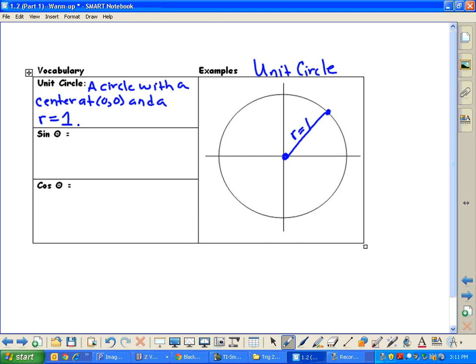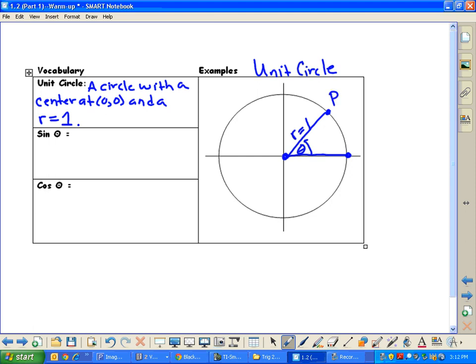Now, we know that in trigonometry, we can define an angle, theta, by an amount of rotation. So let's take a second and make it official. What I've essentially done here is construct an angle, theta, and rotate it about halfway through quadrant 1. The stopping point of this ray is indeed a point.